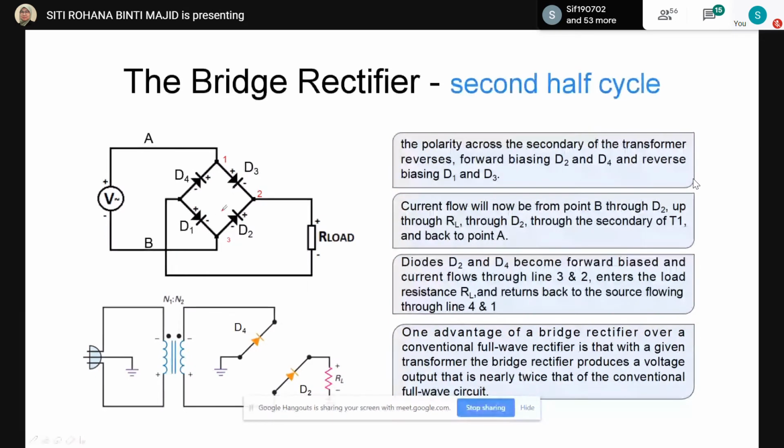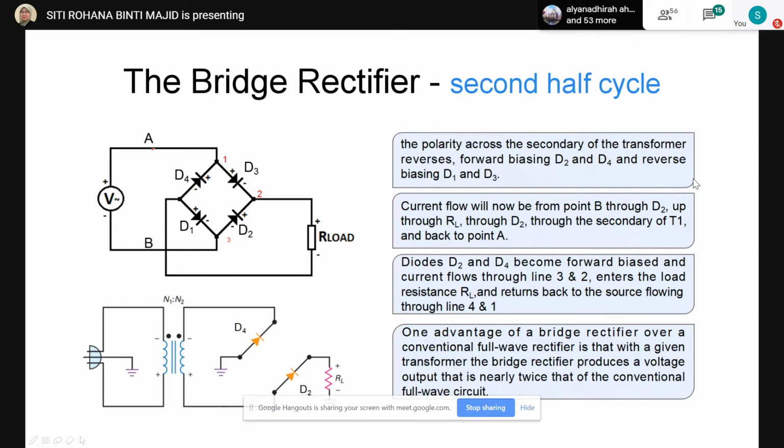And then because of this process, the current will flow from point B to point 3, go to D2, and then go to point 2, and then go to the load, through the secondary of the transformer. I mean the point one of the transformer, and then go back to point A.